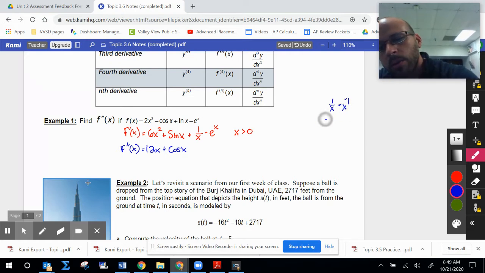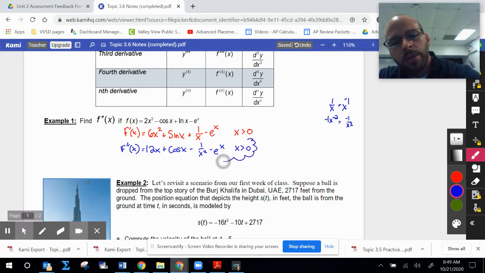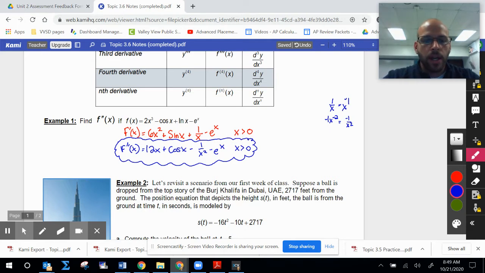So if I do a little power rule on that, negative 1 times x to the negative 2, that's negative 1 over x squared. So the derivative of 1 over x is negative 1 over x squared, and the derivative of e to the x is still e to the x. And we're going to have the same domain restriction. So this would be the second derivative of our function. Ultimately, we're going to do the same steps, we're just going to do them multiple times.